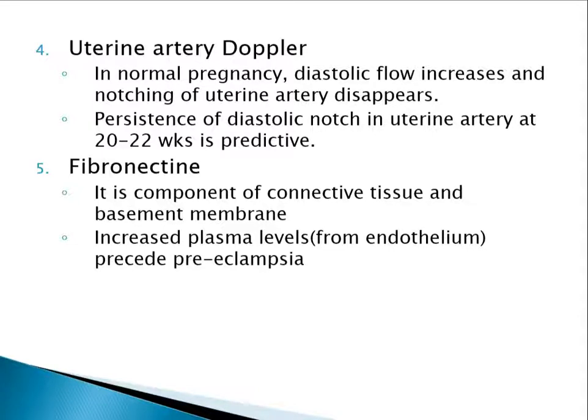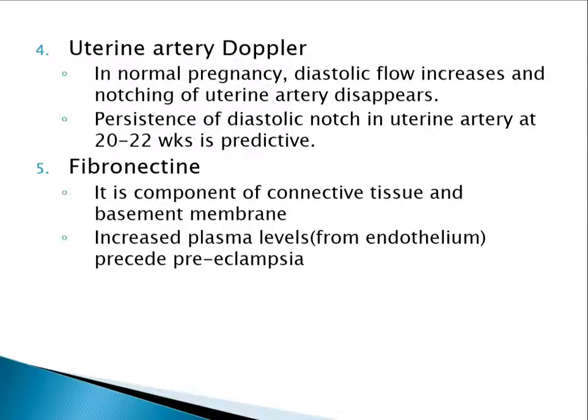Then, persistence of this diastolic notch in uterine artery Doppler at 20 to 22 weeks. This means by 20 to 22 weeks, this notching should disappear because the blood supply improves. But if this is still persisting, then you can say yes, this woman may develop preeclampsia in future. This is supposed to be one very reliable test, though again, not seen in 100% of the patients.